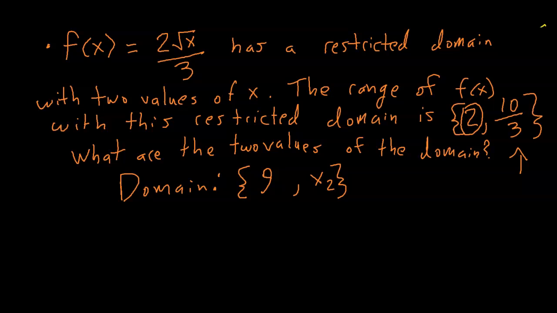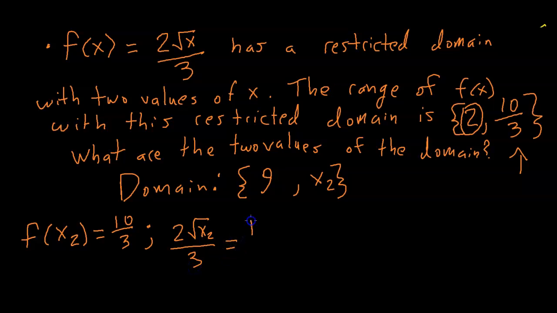So therefore we know that the second value in our domain, x sub 2, must be the value that when we plug it into f produces our second output, 10 over 3, okay? So that means 2 times the square root of x sub 2 divided by 3 equals 10 over 3.